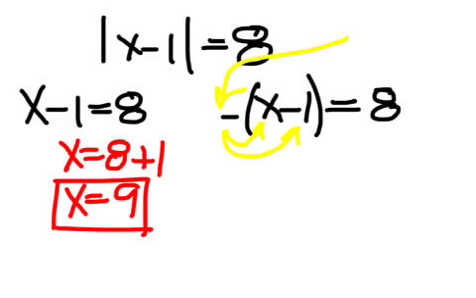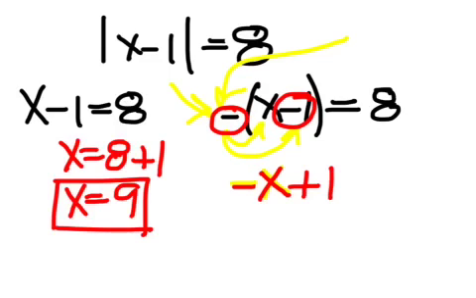On the right-hand side, you have to understand what to do with this negative sign. A negative quantity means you multiply each item inside the parentheses by that negative sign. That's a negative 1 to the left of the parentheses. Negative 1 times x is negative x. And negative 1 times negative 1 is positive 1. In other words, it changes the signs of everything inside.